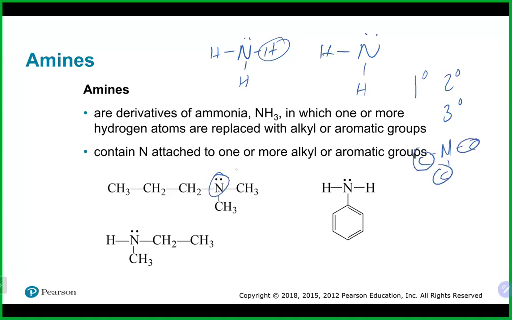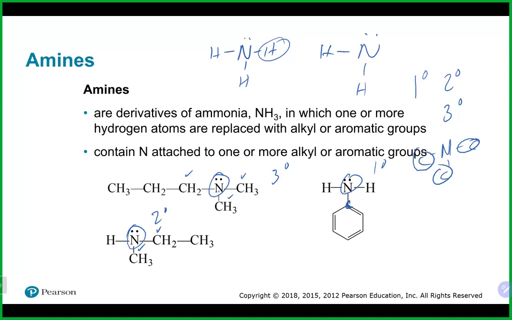So this guy would be a tertiary because it's got 3 carbons attached to it. This one would be a secondary as it's got 2, and this guy would be a primary as it's got the 1 carbon hanging out there.